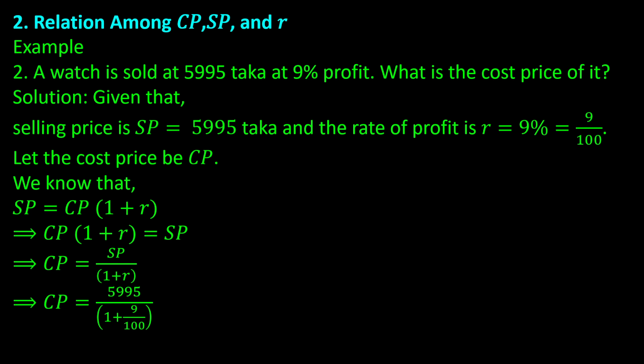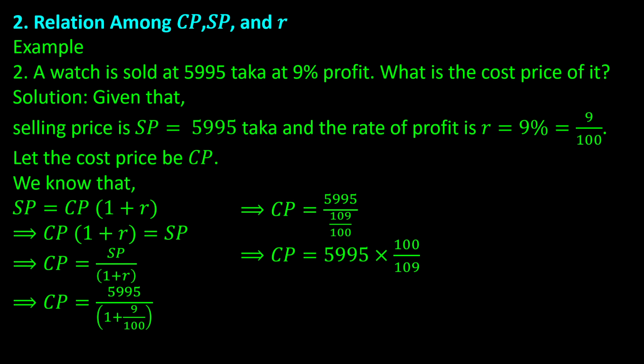So CP equals, in place of SP we write 5,995. In place of R, I put 9 by 100. Then doing the calculation, adding 1 with 9 by 100, we get 109 by 100. Since it's a complex fraction, the upper number 5,995 is put without any change, and the lower fraction will be inverted.